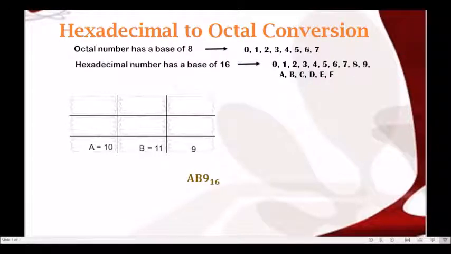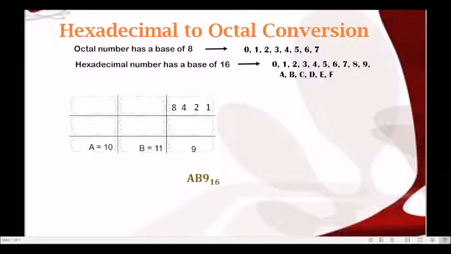And we are going to use the equivalent value or the weight of the power of 2 as our index, starting from 2 raised to the 0 power, which is 1, then 2 raised to the first power, which is 2, then 2 raised to the second power, which is 4, and 2 raised to the third power, which is 8. So this is our index for the first group of 4 binary digits.